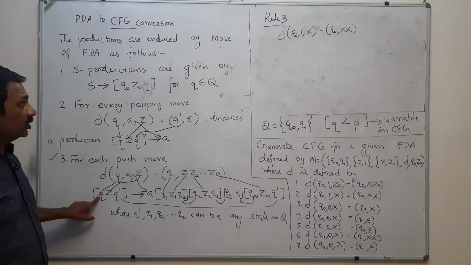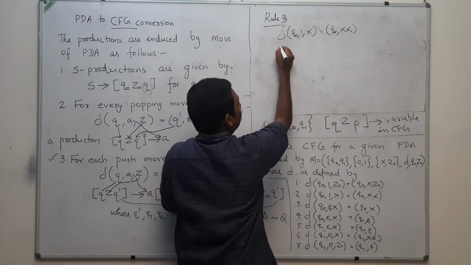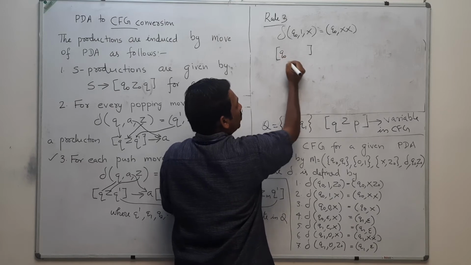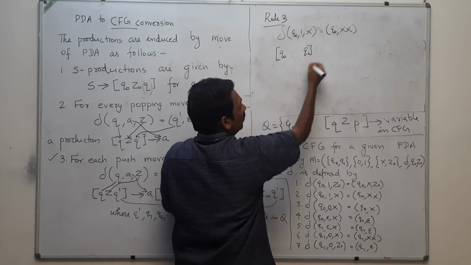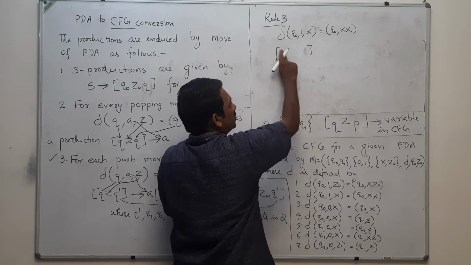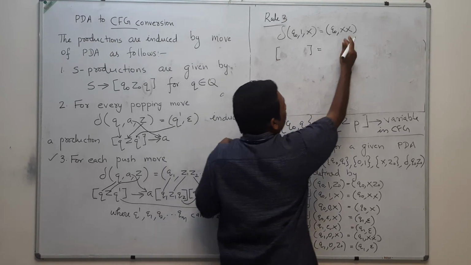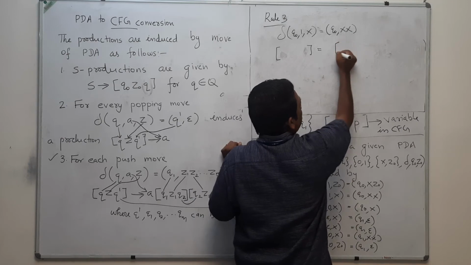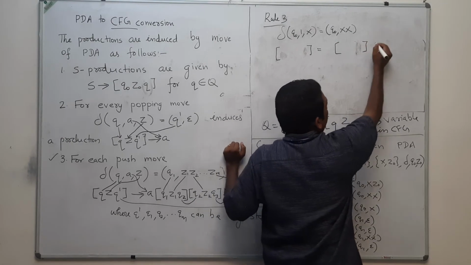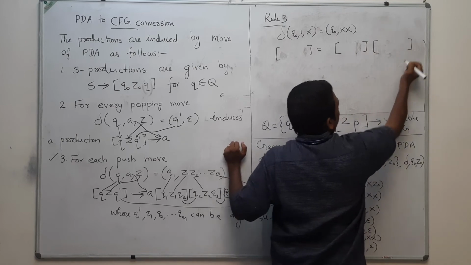That means here it is Q0 and here it is Q0. There are two possibilities. Now I am writing this, is equal to, here you have two variables, then here you have one, and here you have one.